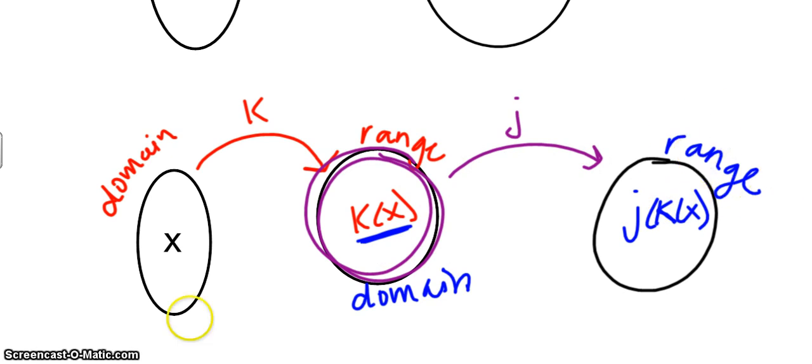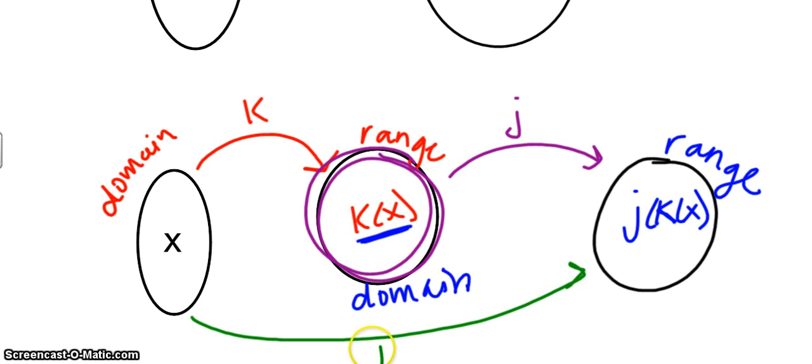So really what I've done is I've taken x and I've applied j of k of x. Okay? It's kind of like hopping different circles, and you can do this many, many, many times over. We're going to stick with just 2 or 3 at most for right now.